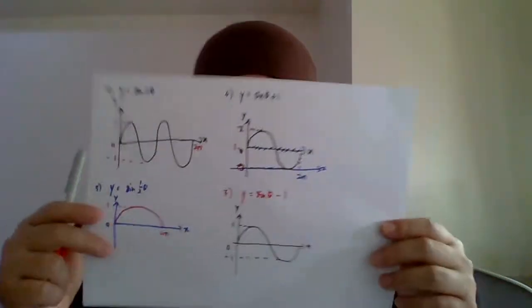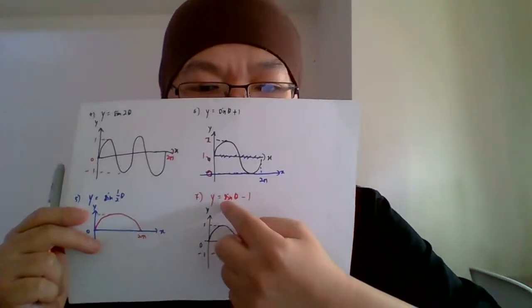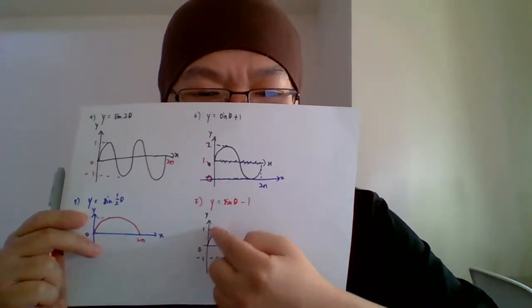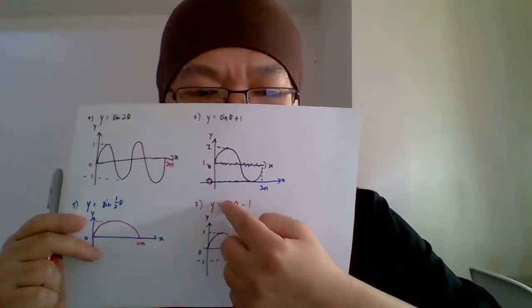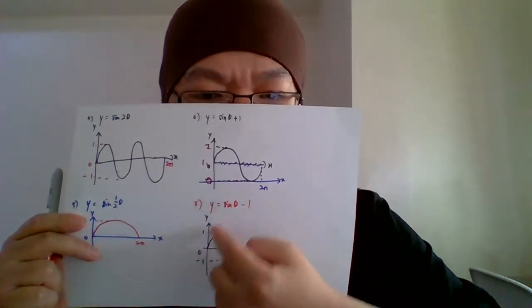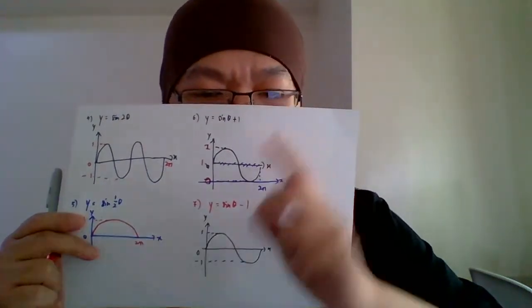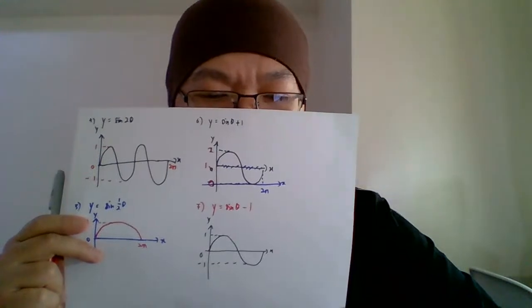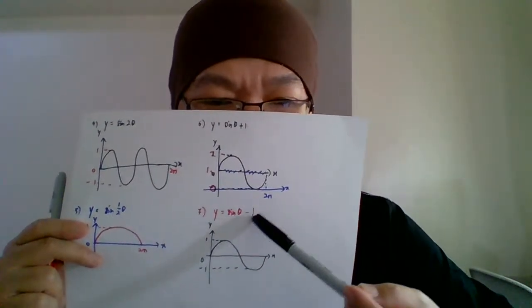Okay guys, this will be your sine theta graph, right? I told you, look at the sine theta first. This is the basic sine theta. The number in front of the sine is 1, so 1, -1. Now what we need to do next is look at the operation minus 1.